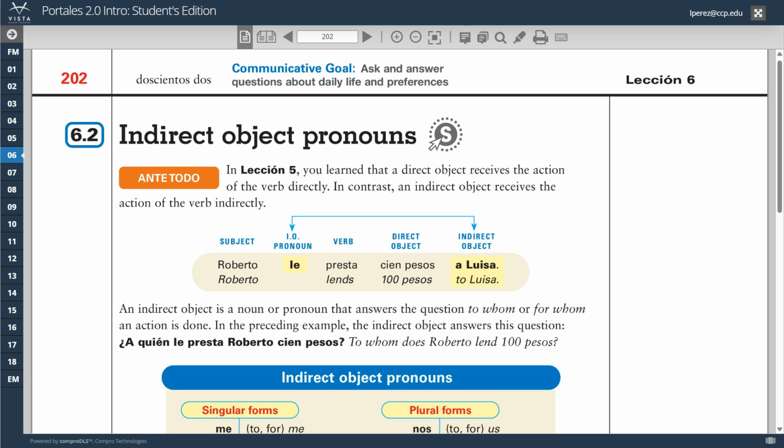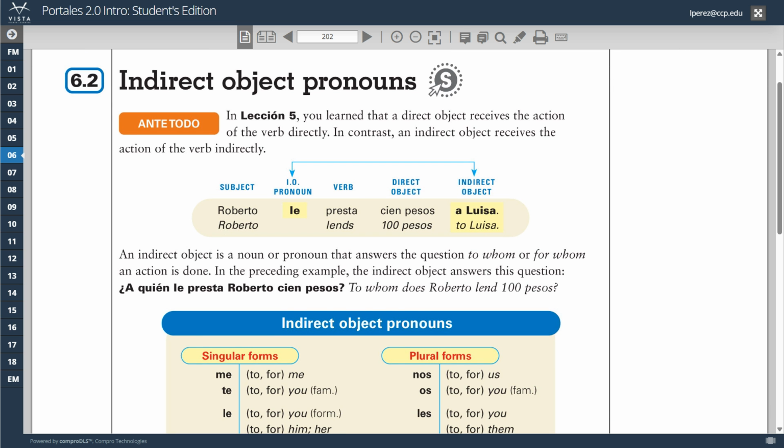So I clarify, a Luisa. I could clarify and say a ella. Now, maybe this money was given to Juan. I would say Roberto le presta 100 pesos a Juan. Maybe this money was lent to a group of people. Roberto les presta 100 pesos a ellos. So I wanted you to see how the pronoun changes depending on your indirect object.